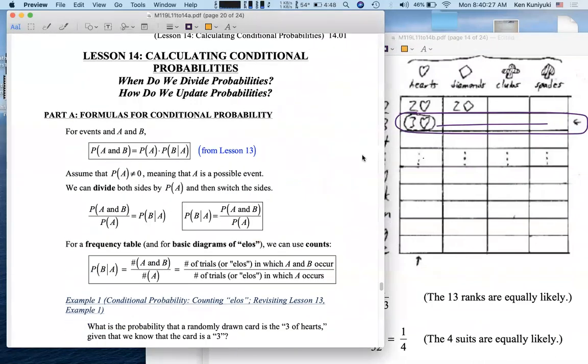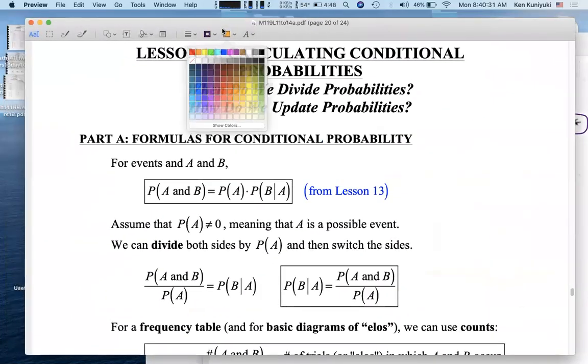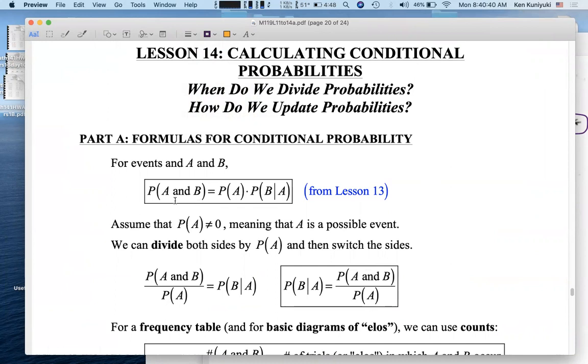Now, what are some formulas we can use for conditional probability? Well, remember, before, when we talked about the probability of getting A and B, this was the general multiplication rule for these AND probabilities. The probability of getting, let's say, an ace first and a king second, remember those card problems?